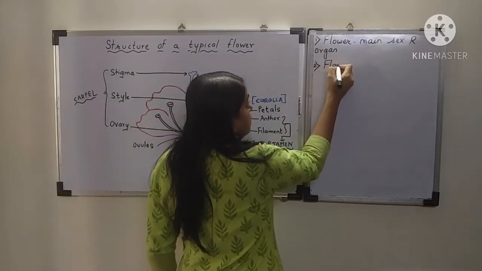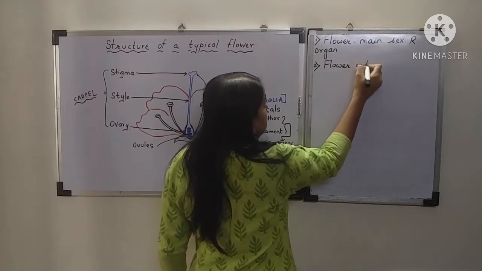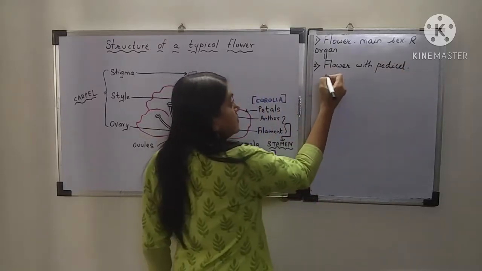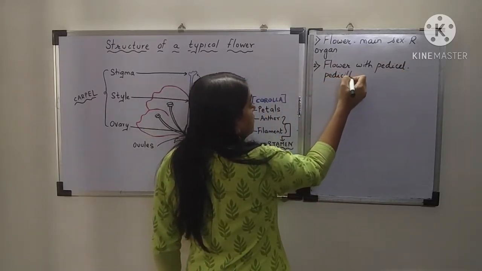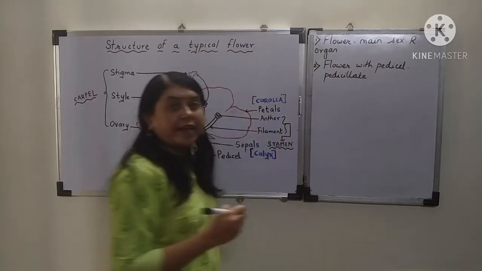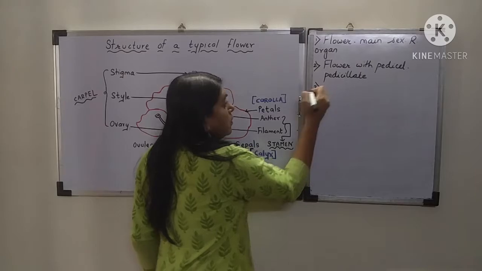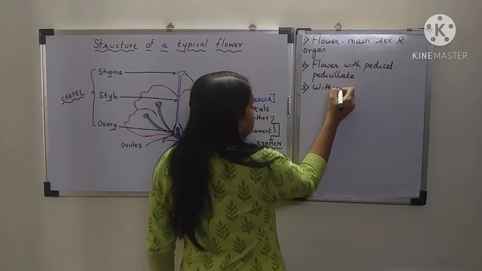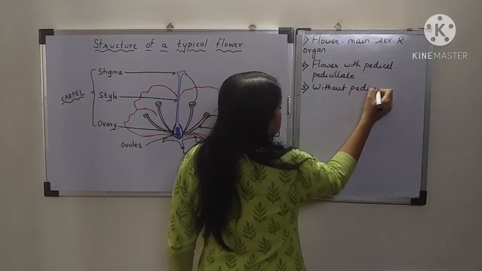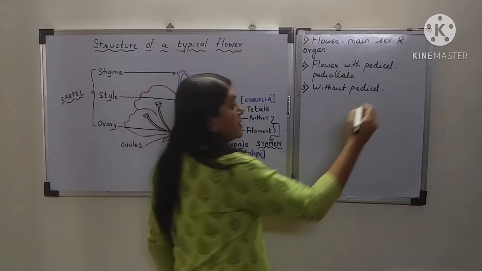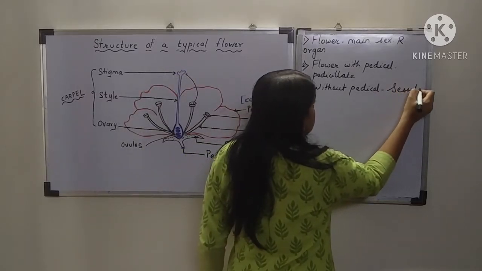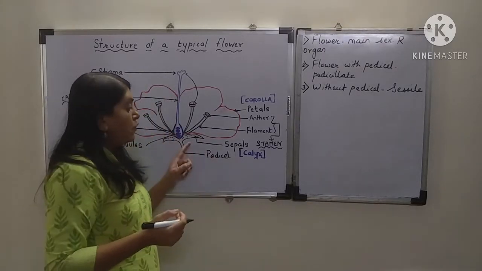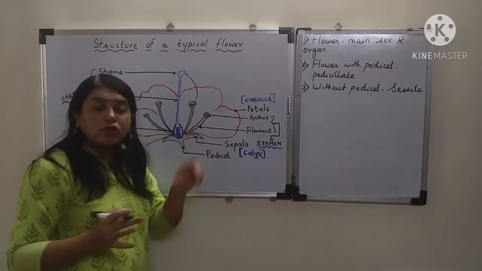So flower with pedicel is called pedicellate flower. Third point, you will say, flower without pedicel is called sessile flower.